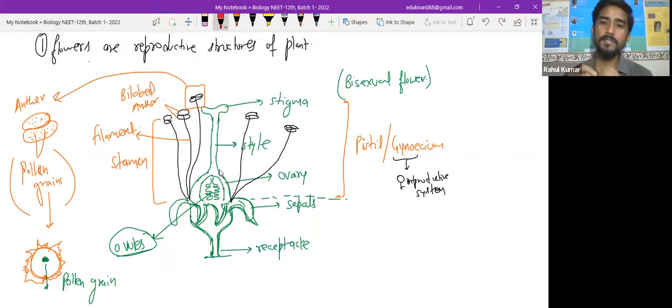So what you can do is, before coming tomorrow, go back and look at this experiment that I'm talking about. Type on internet growing pollen tube experiment. You will understand what happens, the how part of this fertilization process that we have to discuss. So we'll take the whole fertilization event in the next class.